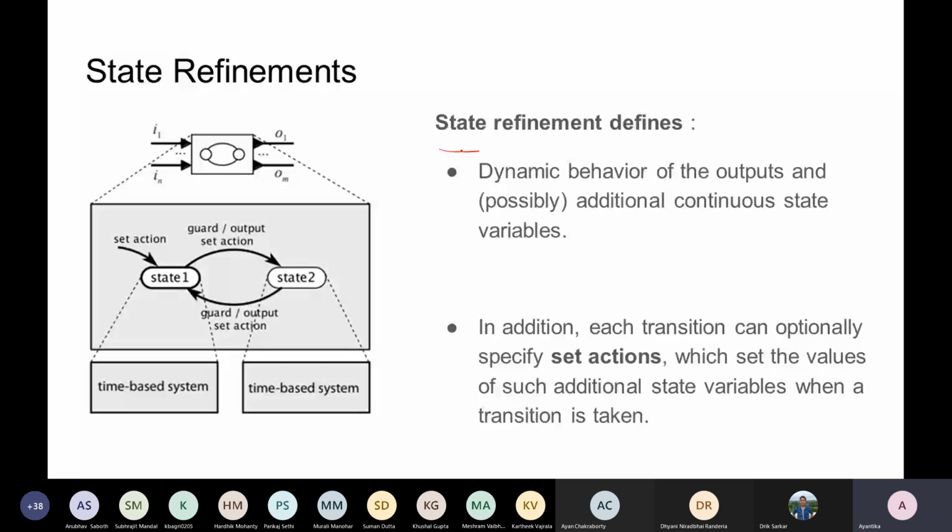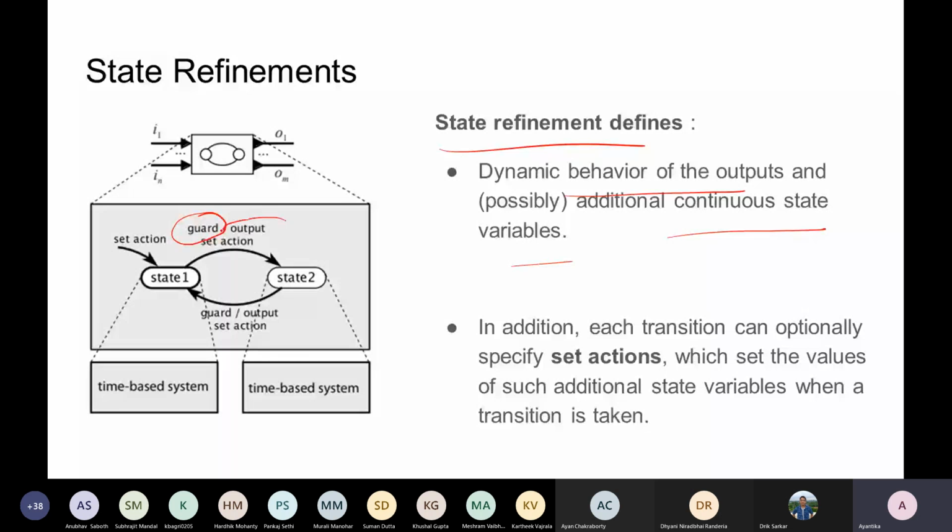Okay. So in state refinement, what we are actually doing is refining the dynamic behavior of outputs and additional continuous state variables. If you remember, for this transition, this is our transition condition, that is the guard, and this is the output action, the set action.